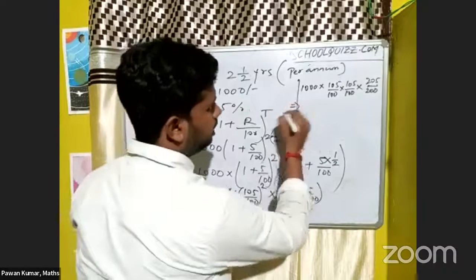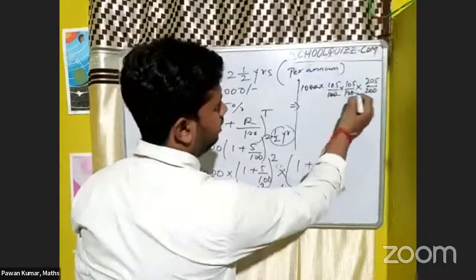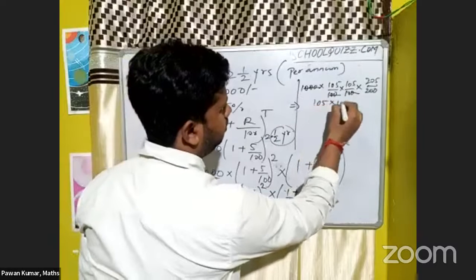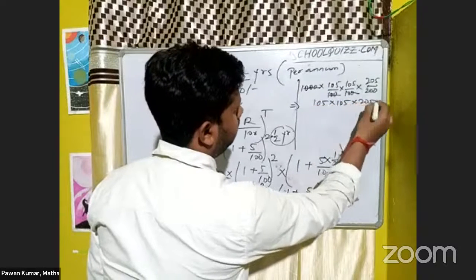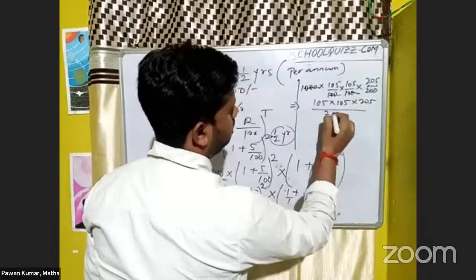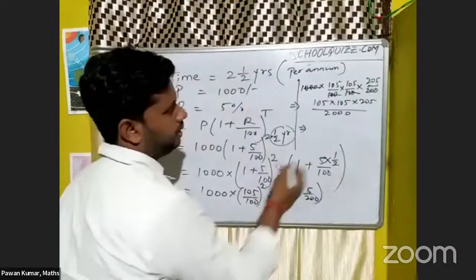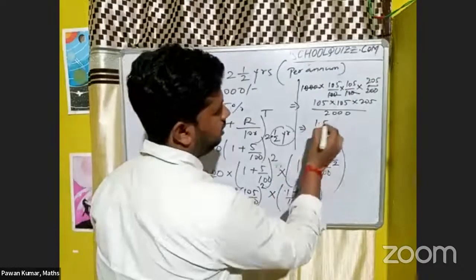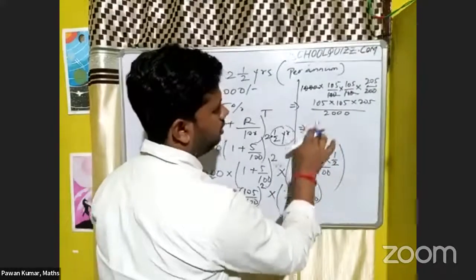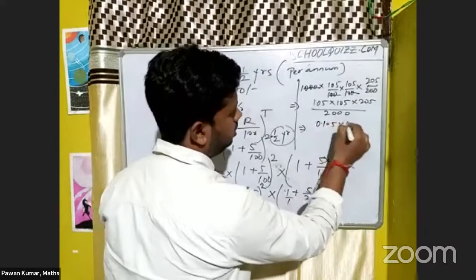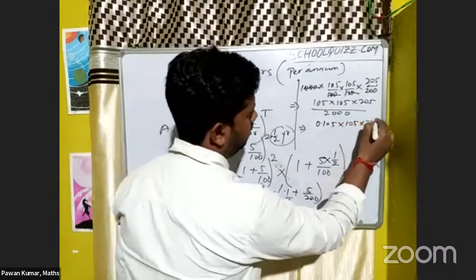So now you can do this question. So 105 into 105, so 205 by 2000. Again simple, you can separate it there, or say if I do 0.105 also, 105 into 205 by 2.